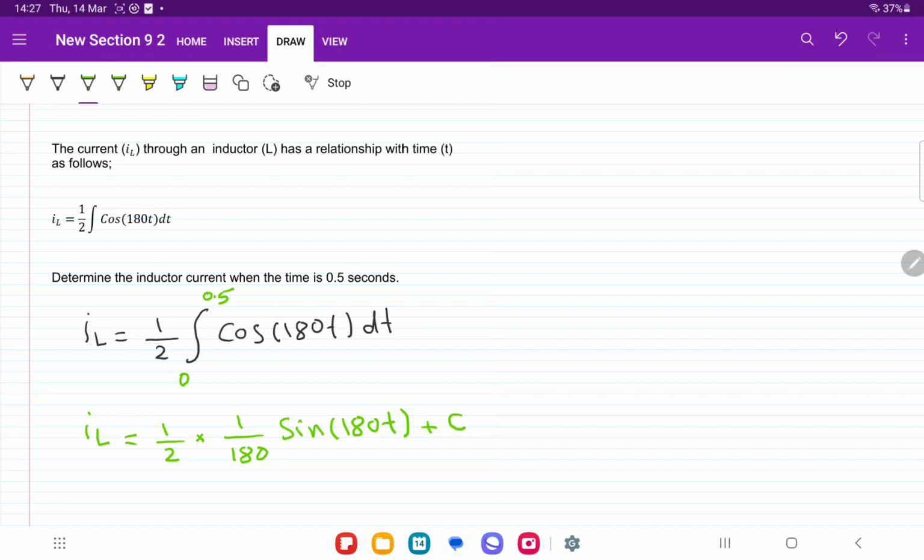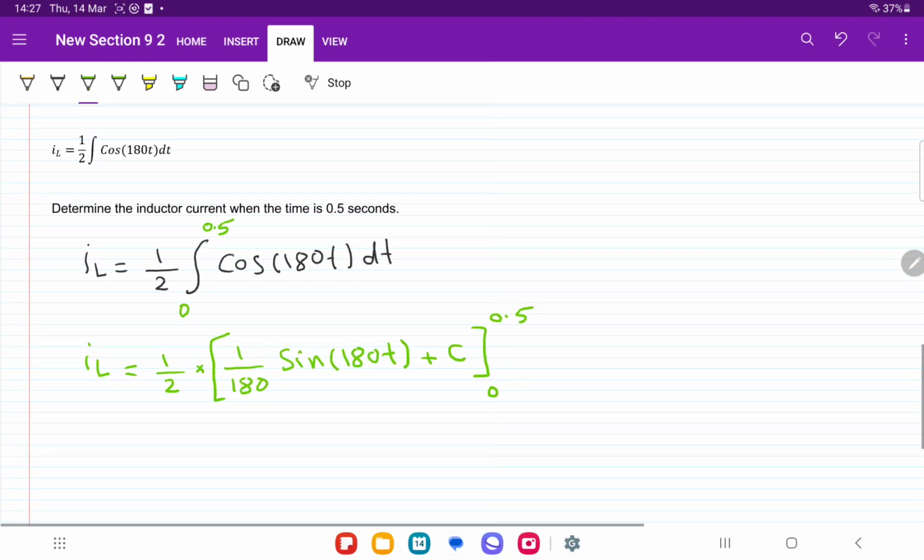As we went through in previous videos, when we have upper and lower limits, we need to put square brackets around this and put the lower limit and upper limit. We can take this constant number outside.